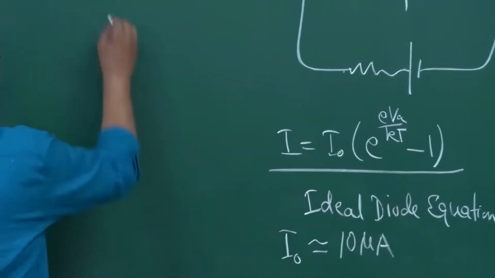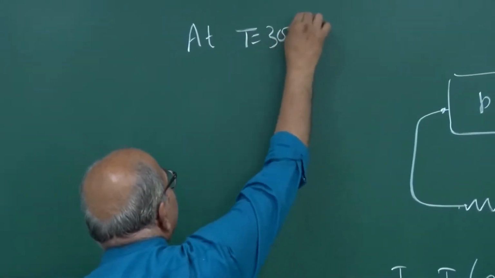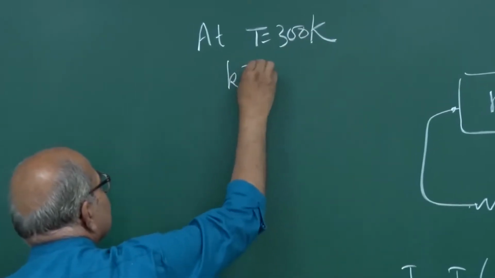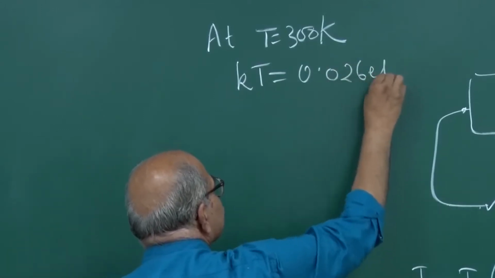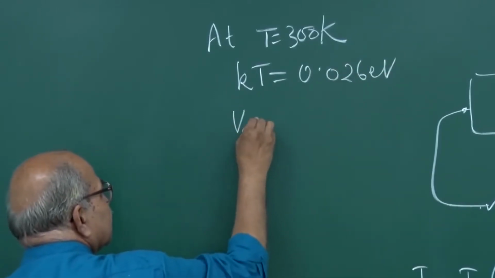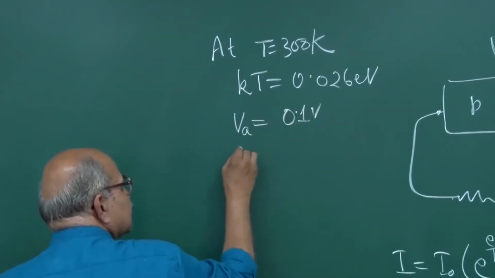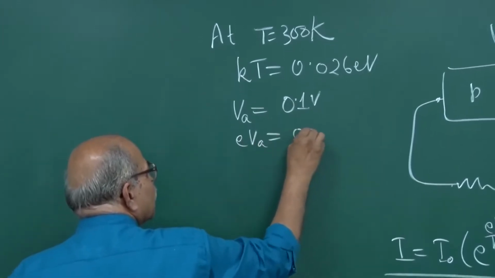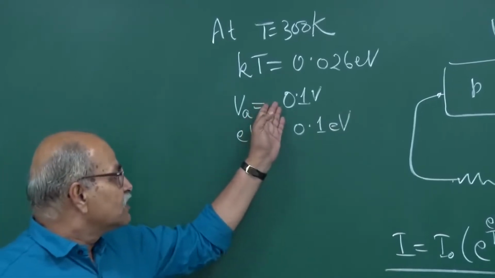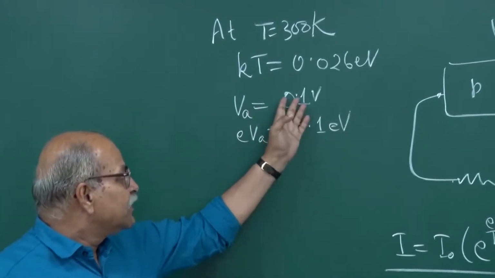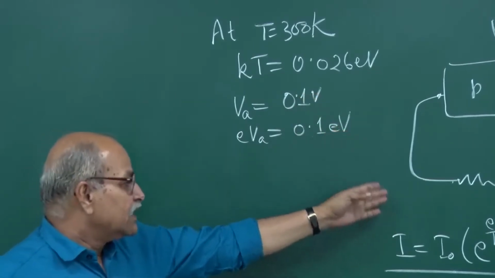And at room temperature, at T equal to let's say 300 K, this kT is 0.026 eV. And if you apply say VA equal to 0.1 volt, that means e times VA will be 0.1 eV. Similarly for different applied volts, you will have the same number, but this volts will become electron volts, and eV by kT.